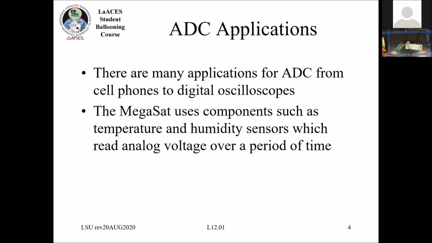And like I said, most of the types of sensors that you're going to want to use in any sort of balloon payload are going to need to go through an ADC at some point. So you're going to want to read some sort of varying voltage, usually over a period of time.